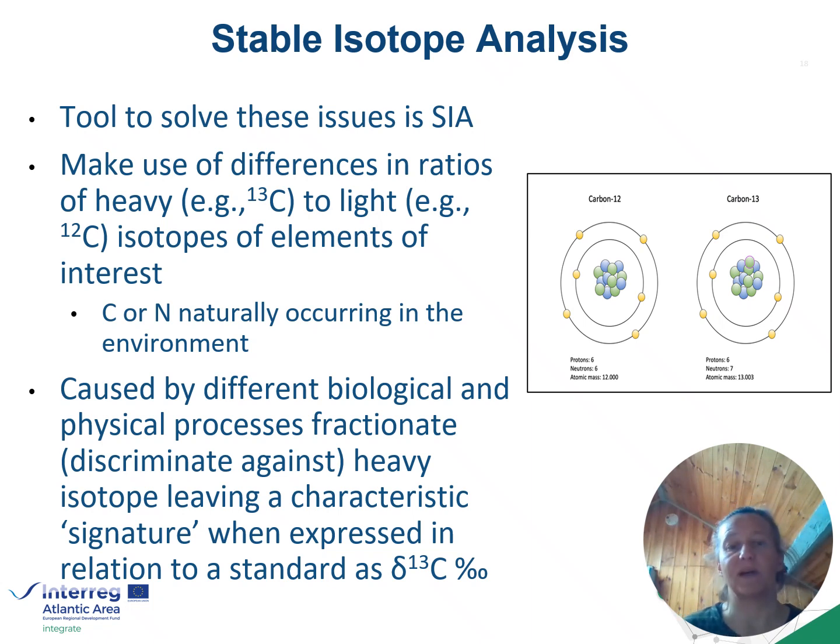And these are caused by different biological and physicochemical processes that fractionate or discriminate against the heavy 13C isotope, for example, leaving a characteristic signature when expressed in relation to a standard as delta 13C parts per mil notation.